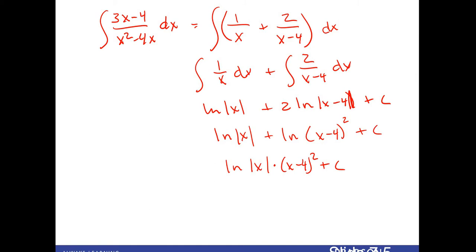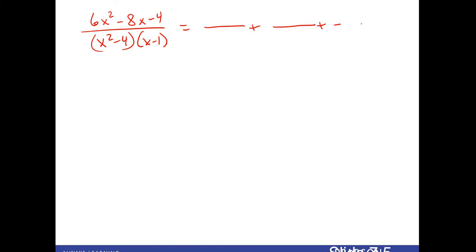All right, let's try another partial fraction separation. So if I have something like this, 6x squared minus 8x minus 4 over x squared minus 4 times x minus 1. In order to get distinct linear denominators, I need x minus 2, x plus 2, and x minus 1, so I need a, b, and c.